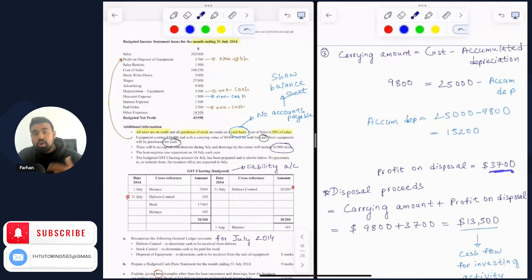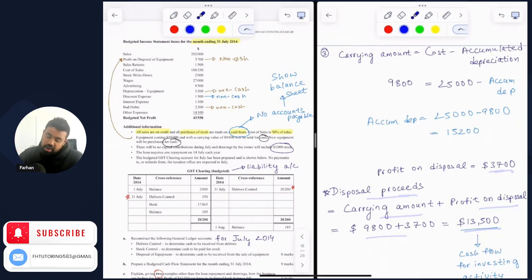Given that we know the carrying amount to be 9,800 and that we made a profit of $3,700 extra by selling this asset, you simply add the carrying amount and the profit on disposal, which is 9,800 plus 3,700, and you get $13,500 as the selling price for this asset.